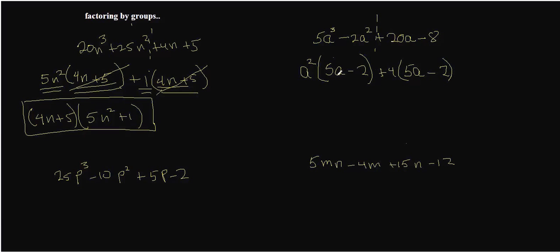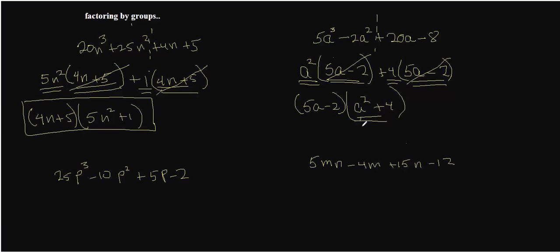Again, we have our common factors once more. We factor that one out, 5a minus 2, and eliminating it out of the way leaves me with the other factor, which is a squared plus 4. This one is a positive sum, so you cannot factor it as a sum of 2 squares.